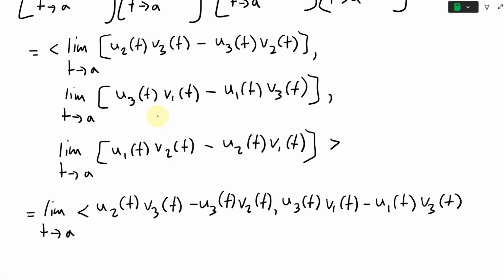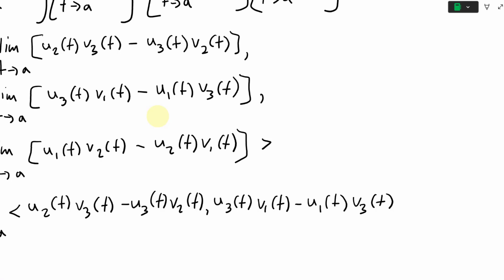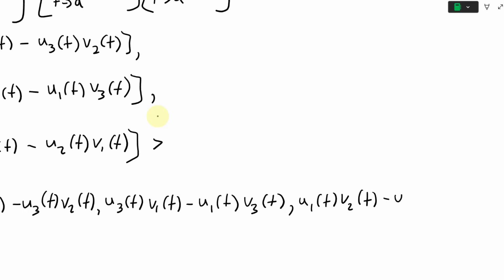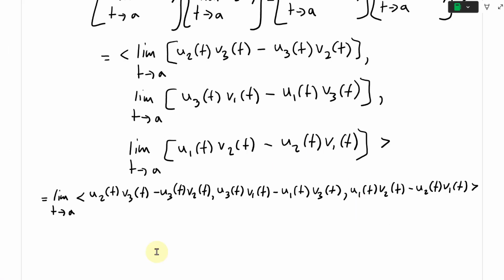I will write this all in and then shrink it or shift it. And then this is going to be u1 of t, v2 of t minus u2 of t, v1 of t, and then close bracket like that. Alright, so here I just moved it in and shrunk it so it all fits on one line.